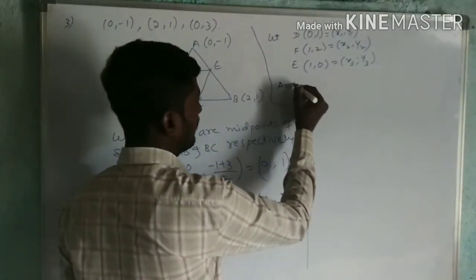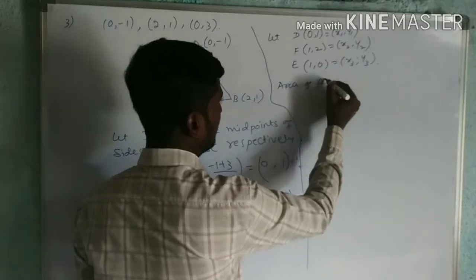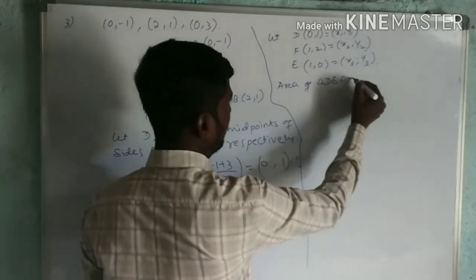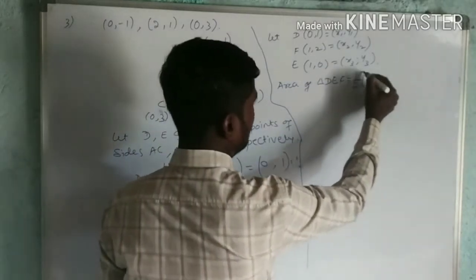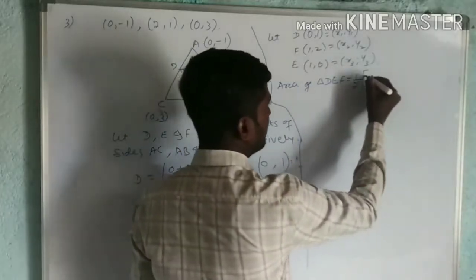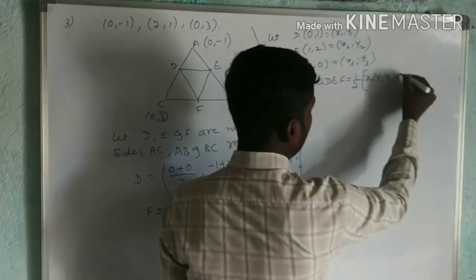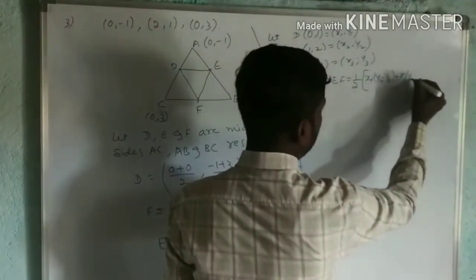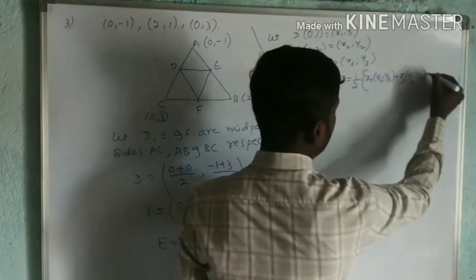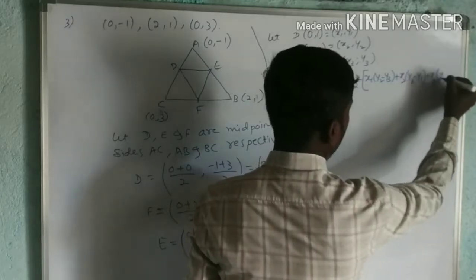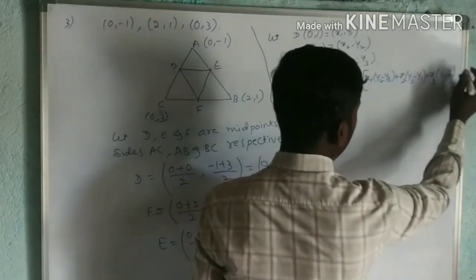Now we have to find the area of triangle DEF. Write the formula first: 1 by 2 into x1 into (y2 minus y3) plus x2 into (y3 minus y1) plus x3 into (y1 minus y2). Am I right?